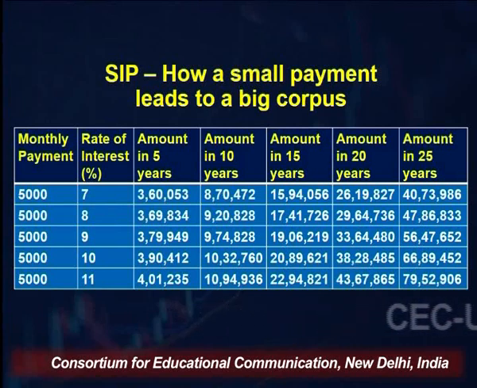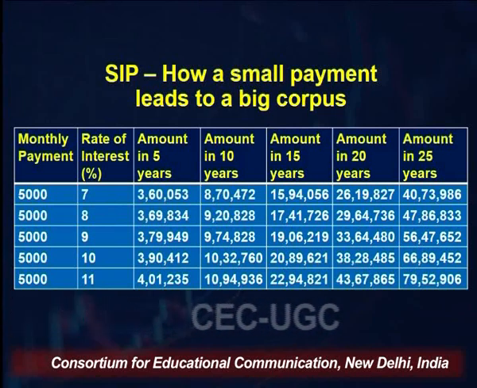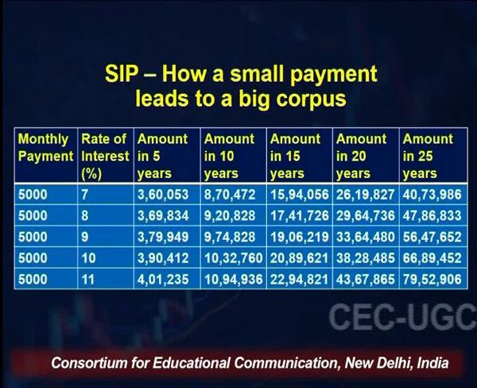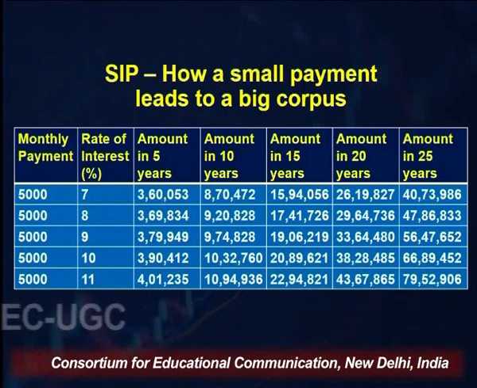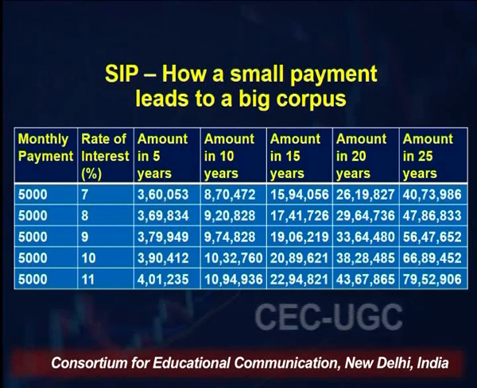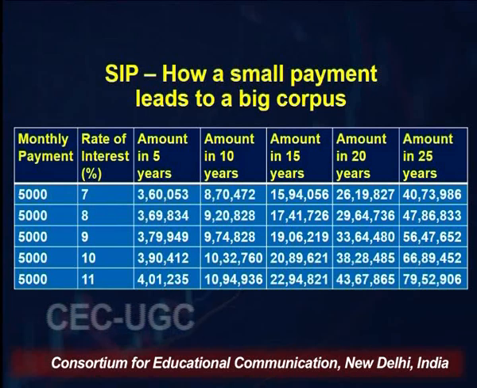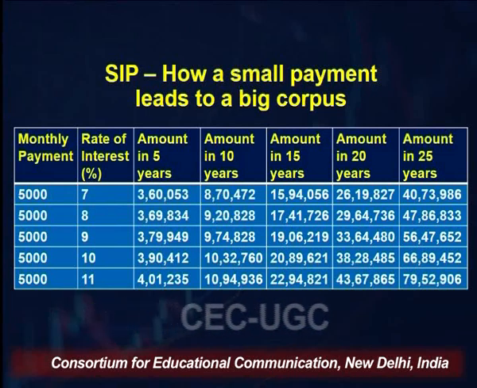So even if you take 11% interest, presuming that you will be investing 5,000 rupees for a number of years, and the rate of return on your investment is 11%, friends, again I would reiterate that 11% return in the stock market is not a very high return. To be conservative, I am presuming the return is 11%.